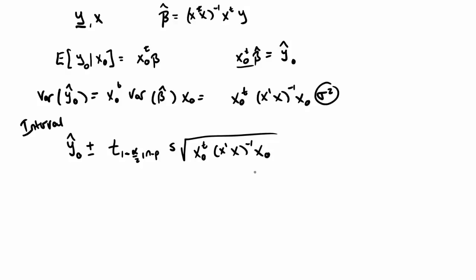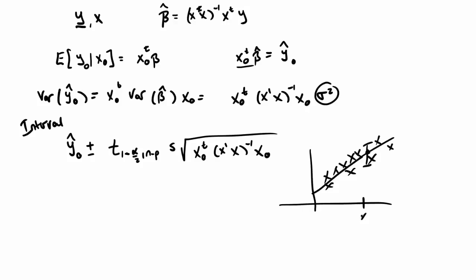So if we have a linear regression, that is a confidence interval for the line at a given value of x naught.